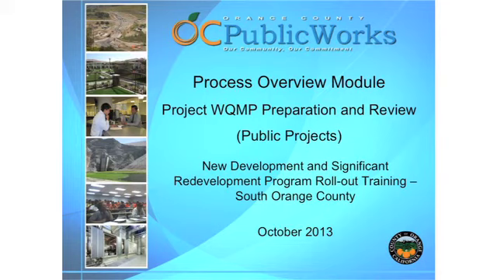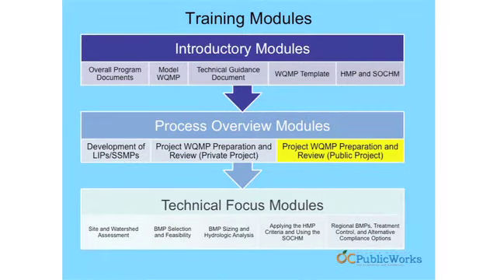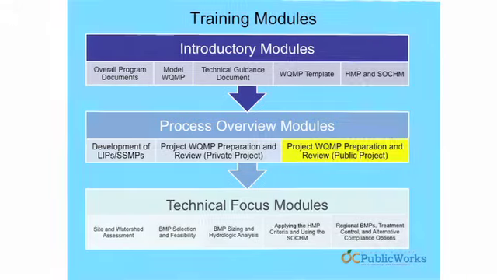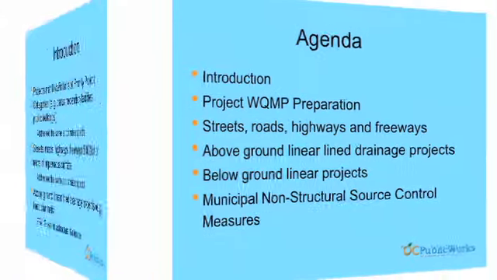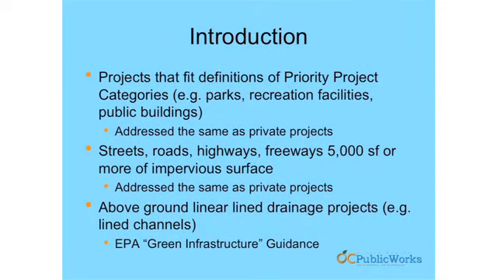Well, we're just going to talk a little bit more about some of these categories of projects and what we're doing. This is a bit of a reiteration. For priority projects that happen to be public, things like recreational facilities, public buildings, public parking lots, that sort of thing, the same criteria apply as a private project, but I think the process would tend to be simpler.